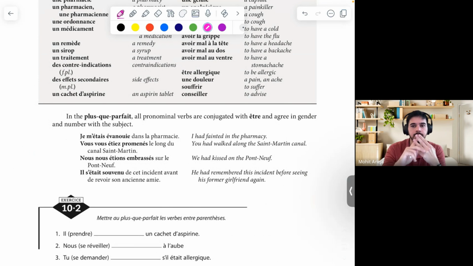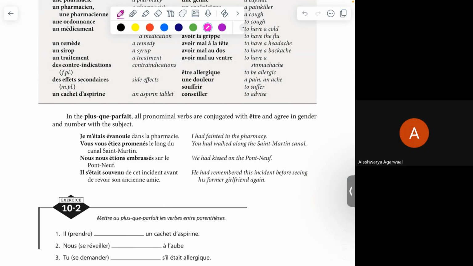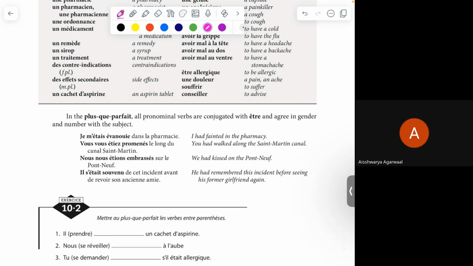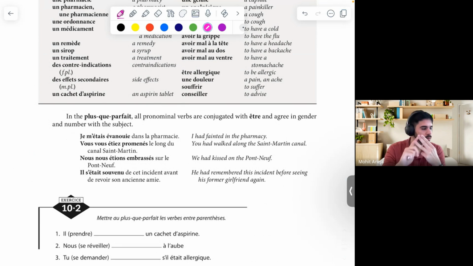Aishwarya, any memories? I don't remember. The third one is the derivatives of the verbs in Dr. Mrs. Vandertramp, we use être for conjugation. That's what he's saying here. All pronominal verbs, he has made a separate rule for that.